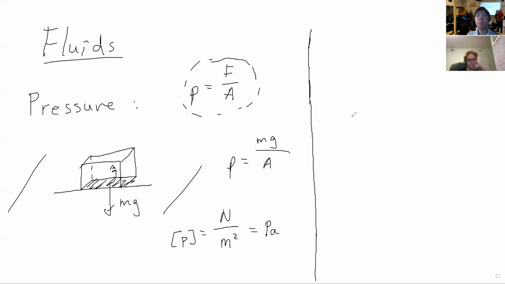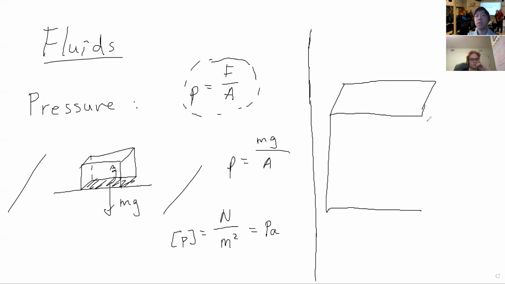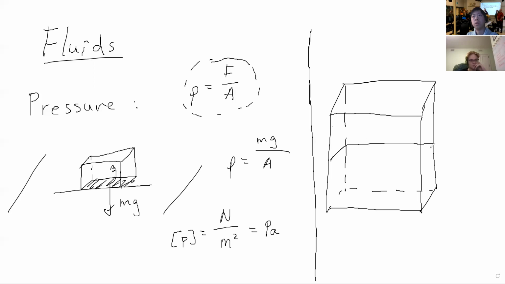Okay. So then how do we look at it in terms of fluids? Let's just say we have a container of some sort, and fluid is filled up to some level. Just say it's here.